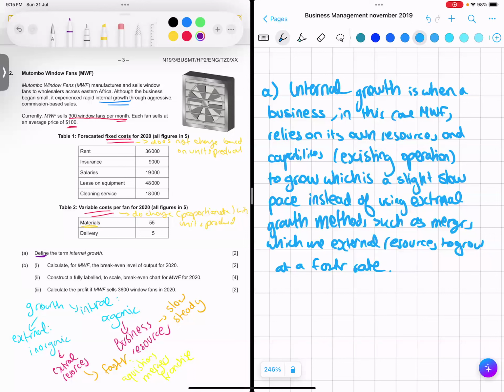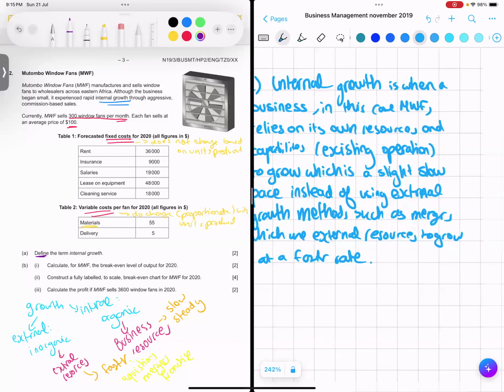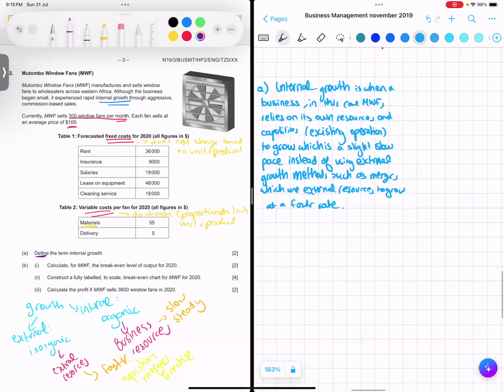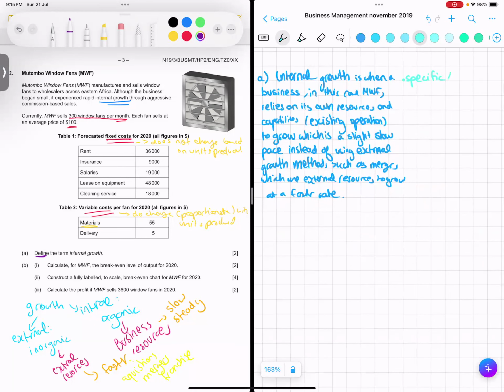What's good about this answer is that it's specific and detailed, which shows that we understand what internal growth is and not just what growth is. It's not generic. We show a general understanding, but we're even more precise.